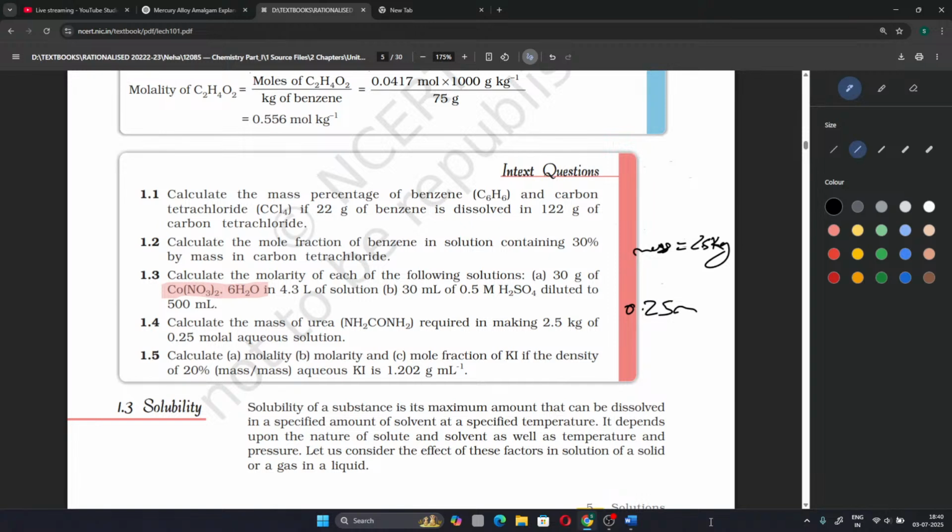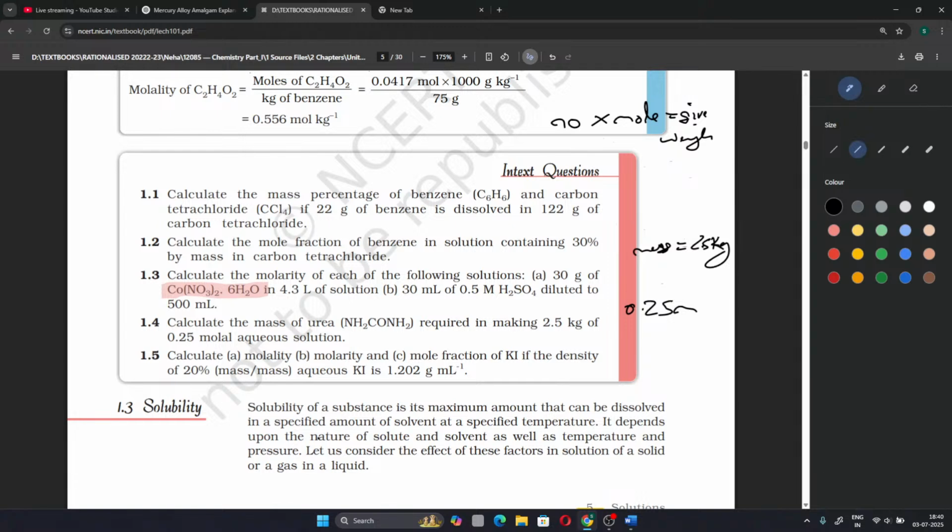We know that given mass by molecular mass equals number of moles, so number of moles times molecular mass gives the required weight. This is how we solve this question.